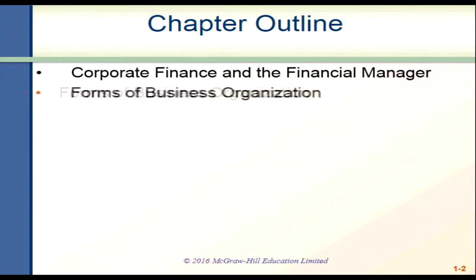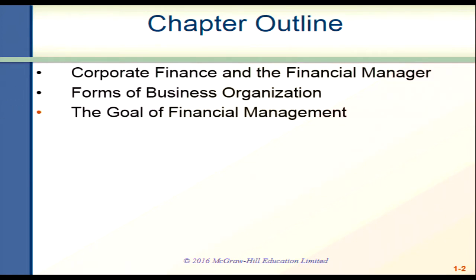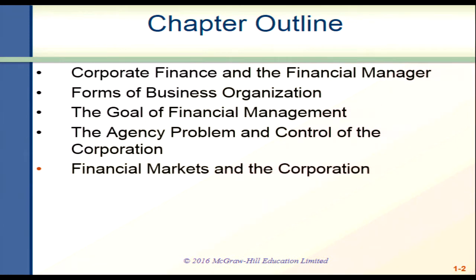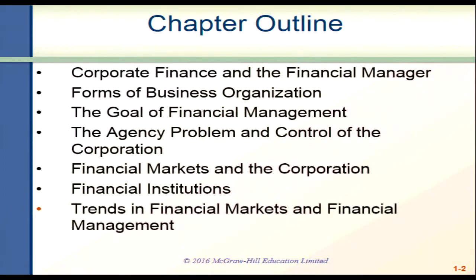We also look at the forms of business organizations, the goals of financial management, and the agency problems and how we control the corporation, which we call corporate governance. We look at the financial markets and the corporations, the financial institutions, and the trends in the financial market and financial management. So in a nutshell, that's what the chapter will look at.